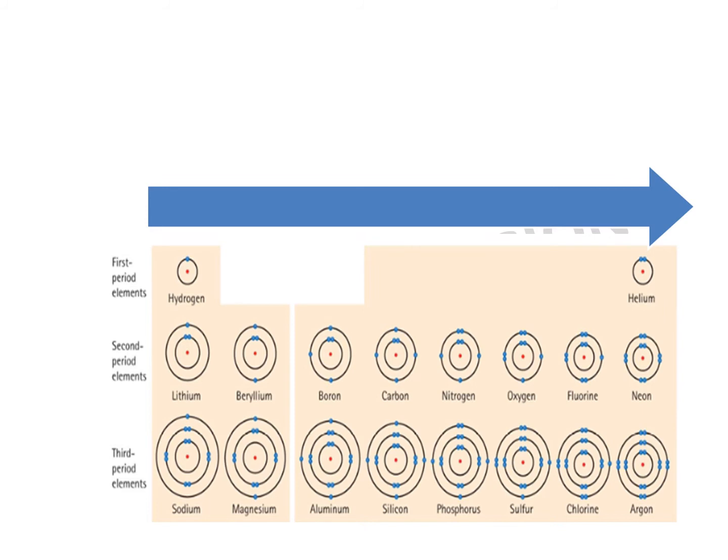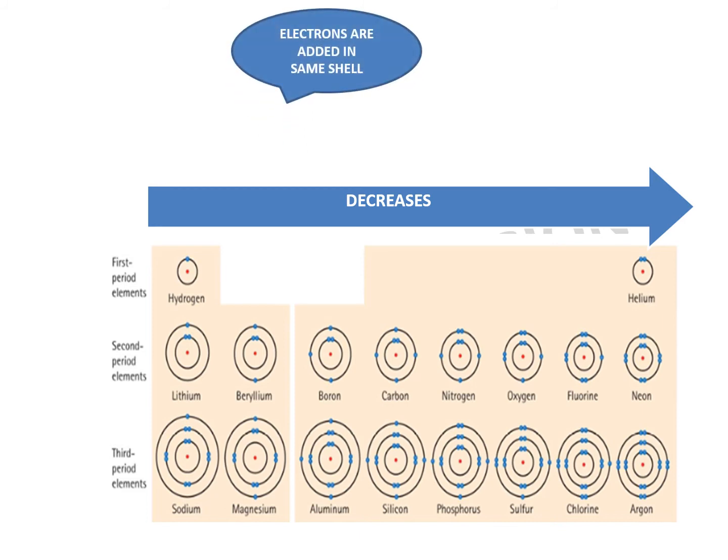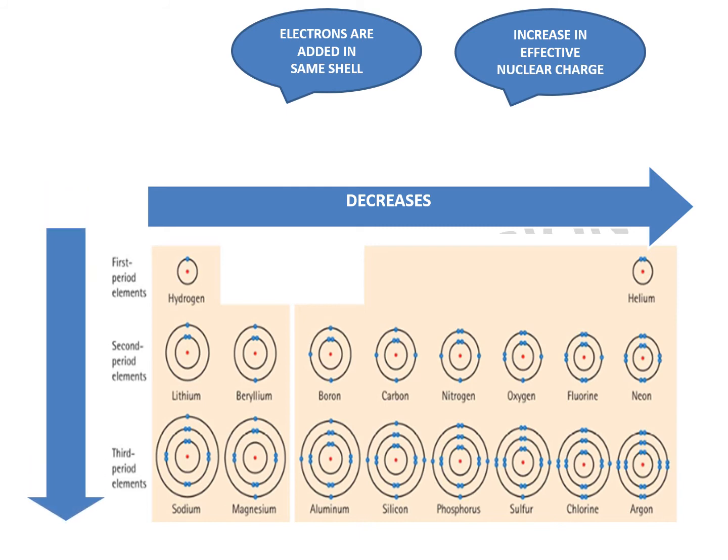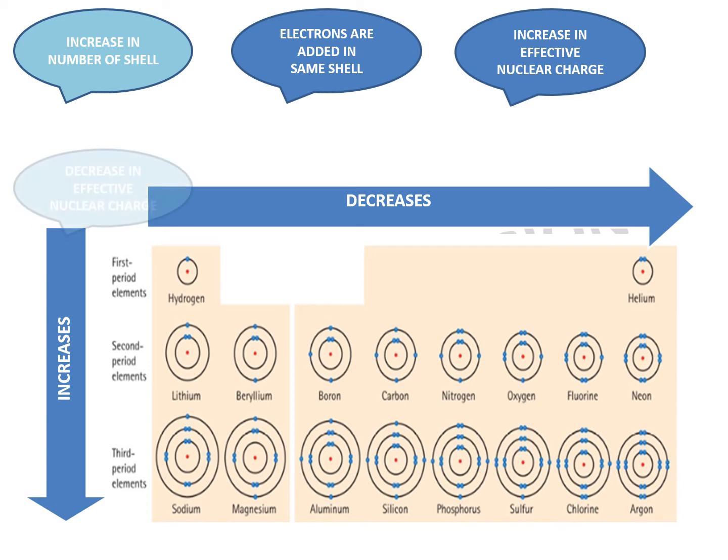From left to right, atomic size decreases because electrons are added in the same shell, so there is an increase in effective nuclear charge. On the other hand, on moving down a group, atomic size increases because there is an increase in the number of shells and a decrease in the effective nuclear charge.